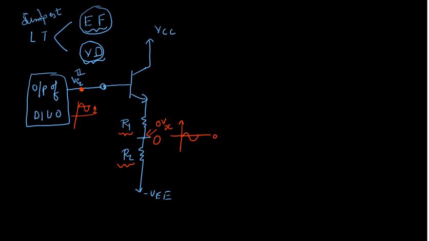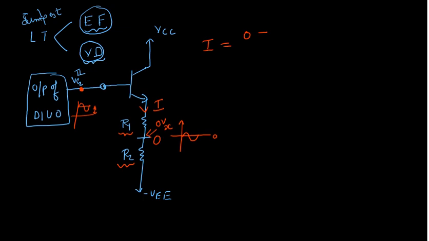For this, we make sure that the current which is passing through this is I. If the output is 0, then the current through R1 and the current through R2 must be the same.